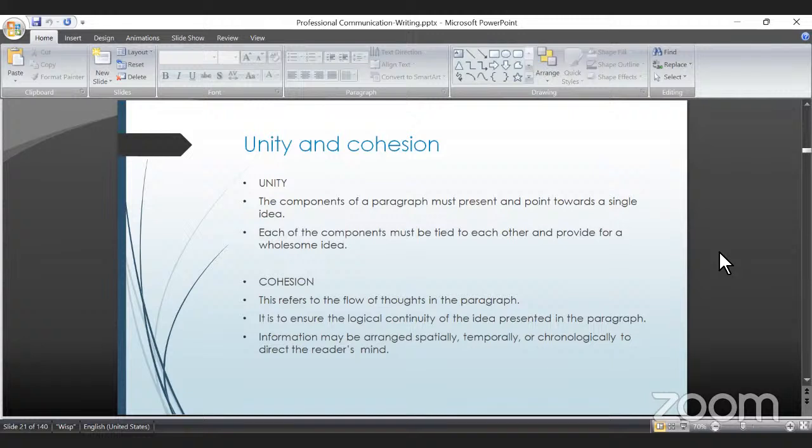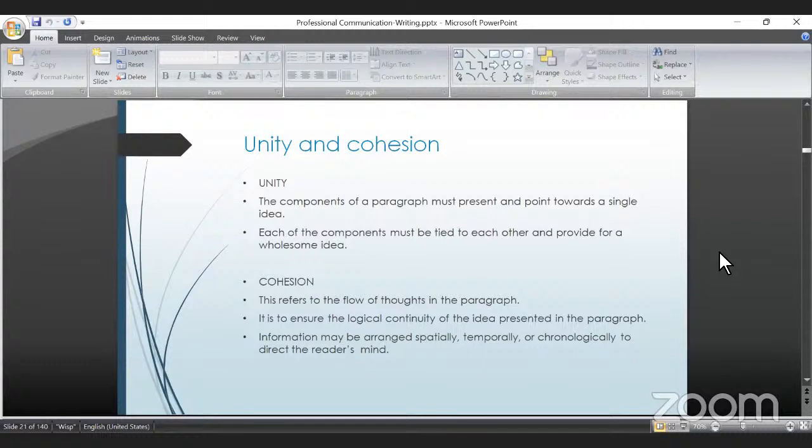If this is achieved in your writing, then you say that there is unity in the paragraph. So the components of a paragraph must point towards a single idea. This presence of a single main point is referred to as the quality of unity.